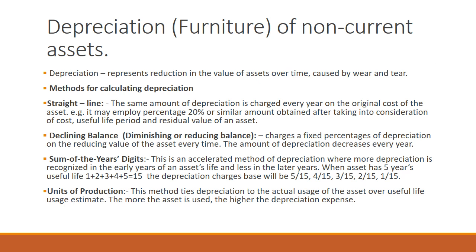For instance, if you have an asset which can exist for 5 years, we add those years to get a base: year 1 plus 2 plus 3 plus 4 plus 5, you get 15.